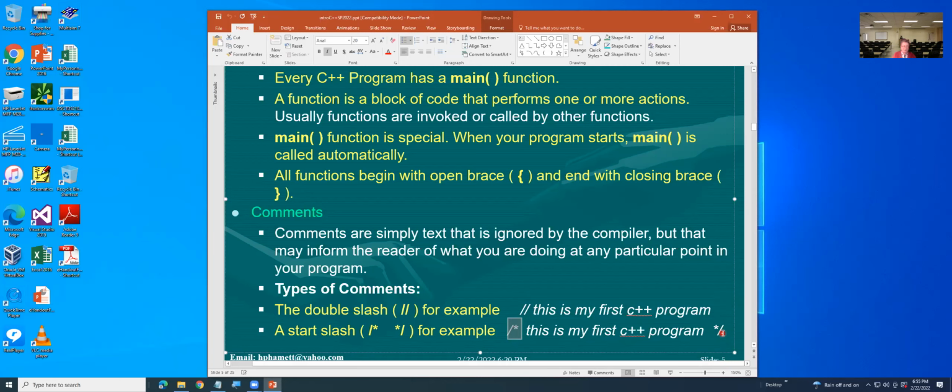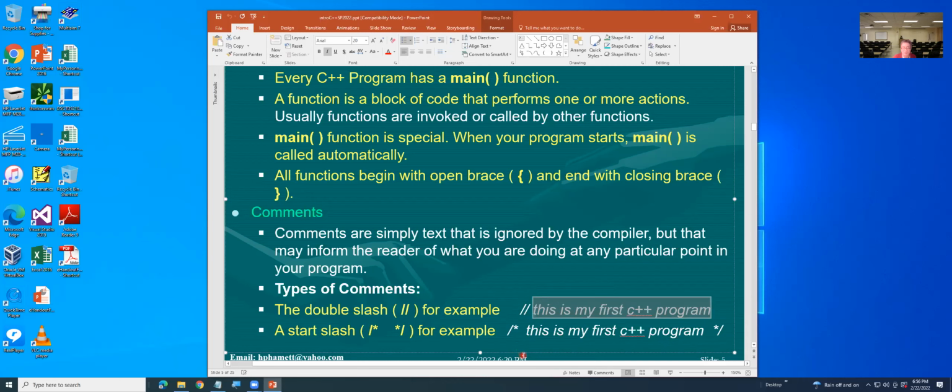Compare the first command here and the second command. What is the difference? The first one is a single comment line, and the second one is a paragraph. Okay, very good. The first one is only single lines. That means after this line, when you go to the next line, there are no more comments.